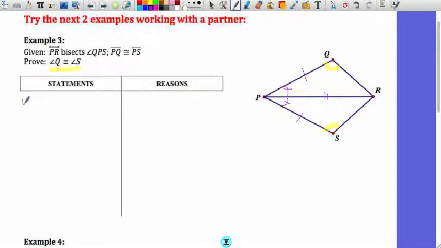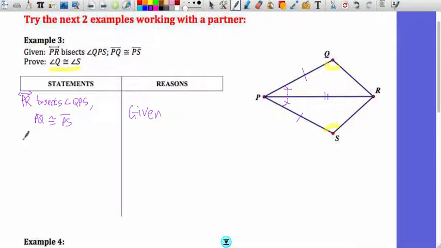We'll start off by restating the information which has been given. Line PR bisects angle QPS, and segment PQ is congruent to segment PS, and both of those were given information.